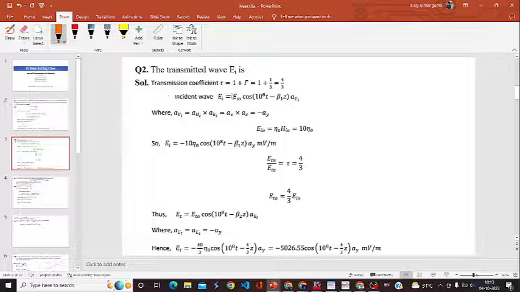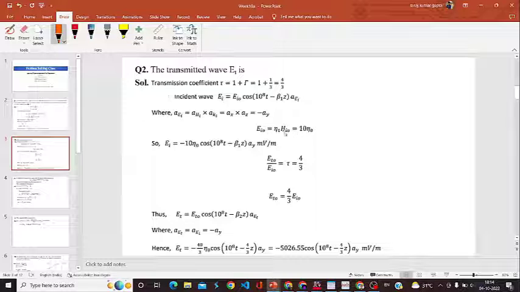The only remaining quantity to find out is the amplitude of the electric field. The amplitude of the electric field is defined as the intrinsic impedance of the media times the amplitude of the magnetic field. We have already found eta 1 in the previous problem; it is equal to eta naught, the intrinsic impedance of the air media.